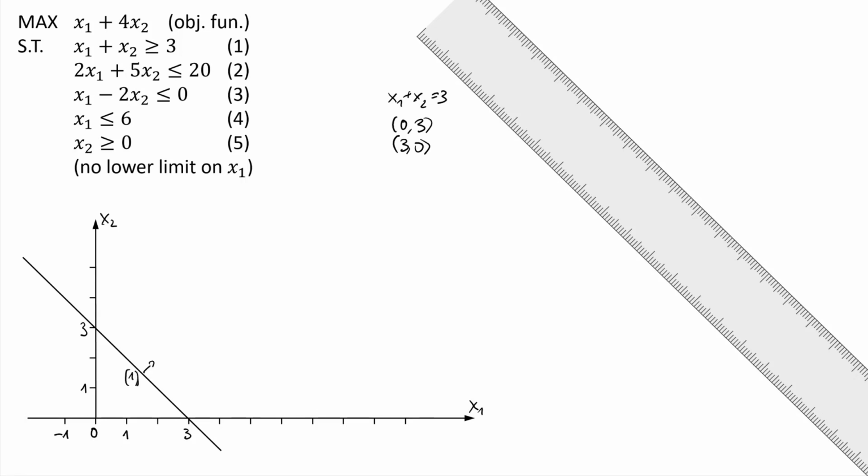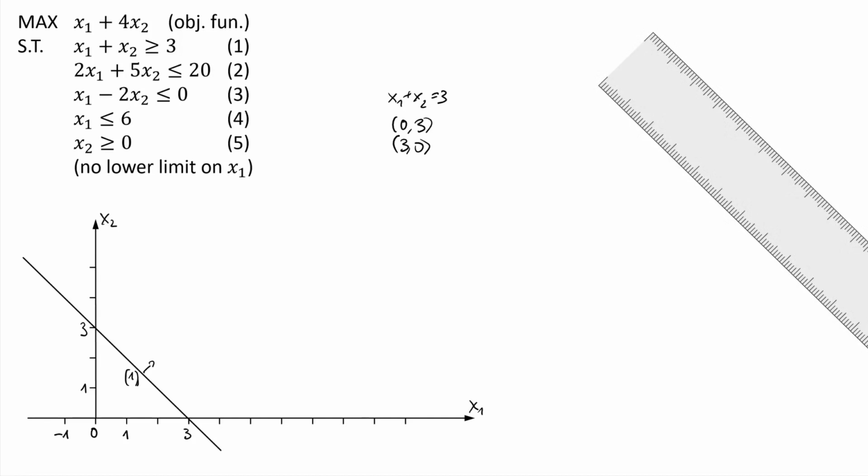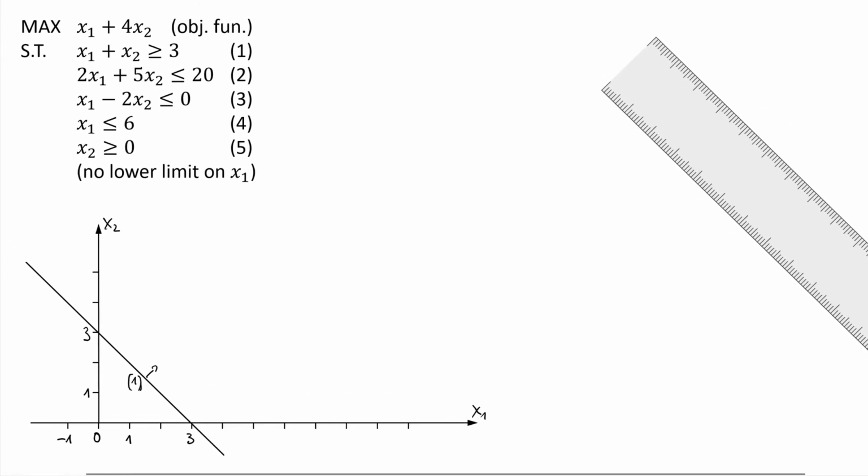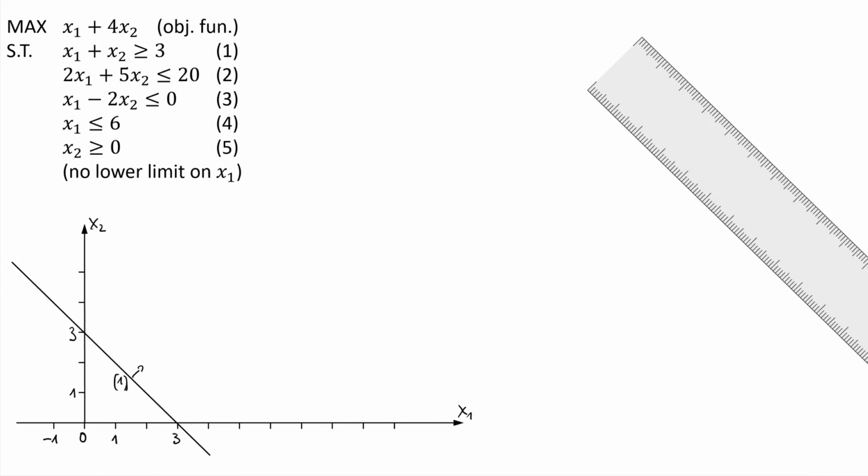So this is my constraint number 1. And now I will need constraint number 2. Let's erase this. Constraint number 2 is 2x1 plus 5x2 equals 20. So we can try x1 equal to 0, then 5x2 equals 20, so x2 is equal to 20 over 5 equals 4.